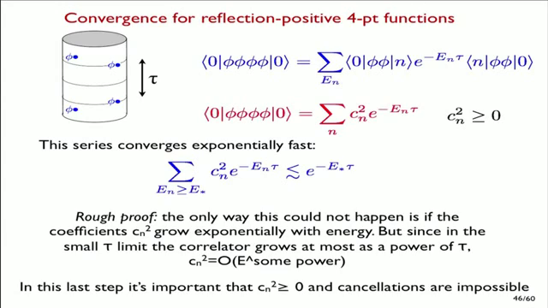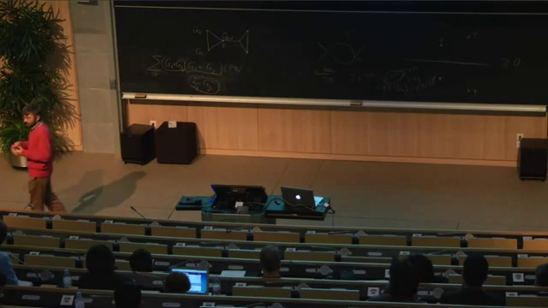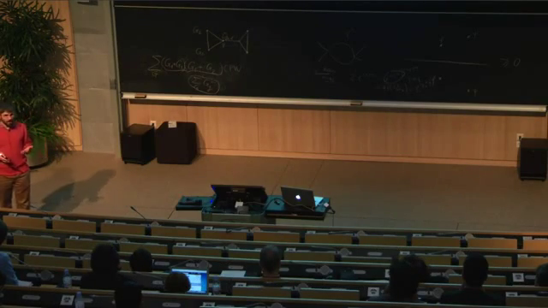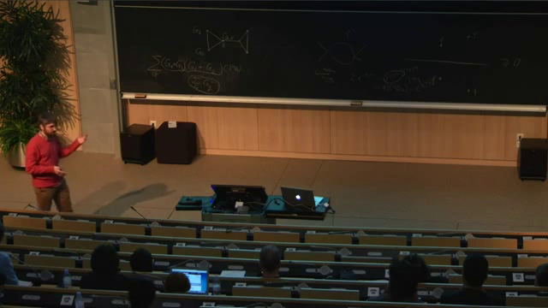But now suppose we take this sum and pick a piece of it which corresponds to a given primary and all of its descendants. So this piece is the conformal block of that primary expressed in these coordinates.